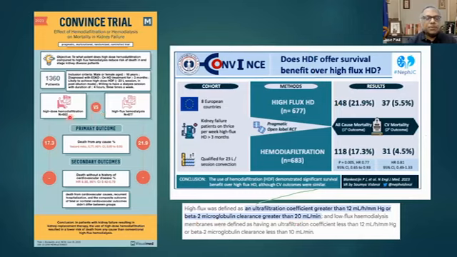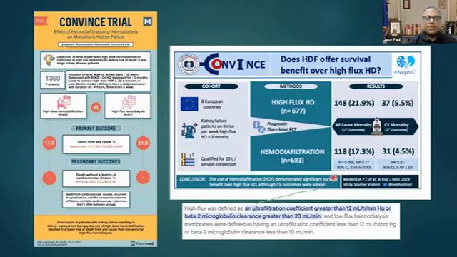Patients underwent either high dose hemodiafiltration or high flux hemodialysis, in roughly equal numbers, and they analyzed patient mortality. Death from any cause was analyzed at the end of 3 to 5 years, and it was found that hemodiafiltration demonstrated a significant survival benefit over high flux dialysis, although the cardiovascular outcomes were similar.